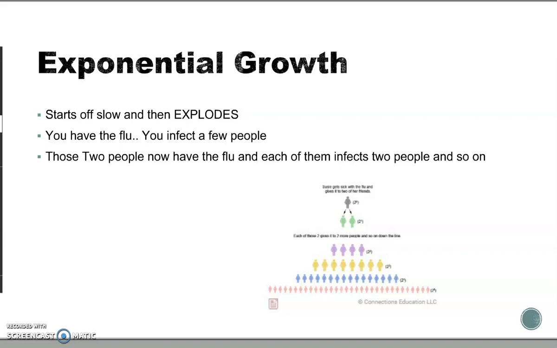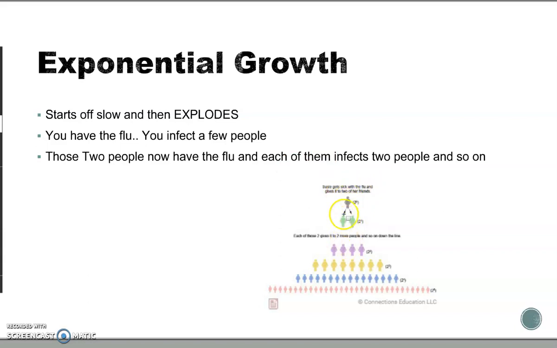Okay, let's talk a little more specifically about what exponential growth means, and hopefully this will give you a little idea. So in an exponential growth function, it starts off very slowly and then it just explodes and gets larger and larger very fast. So for example, let's say this is you. You have the flu.